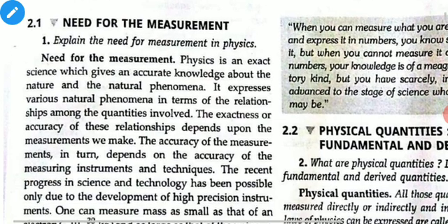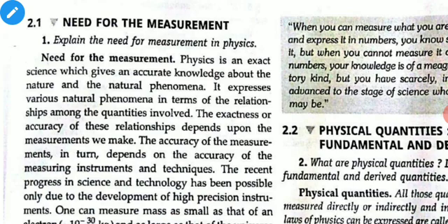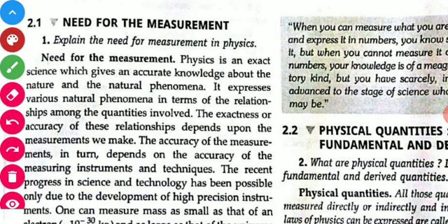So to find out the value of any quantity, we need some measurements. Like we want to find out the force, then we have to apply the formula F equals ma. Now how can we find out the force? We should measure mass and we should measure acceleration.